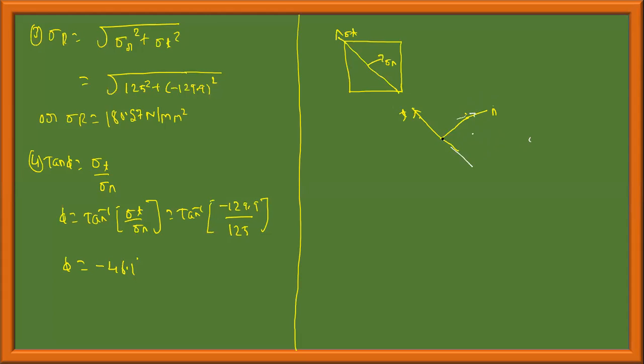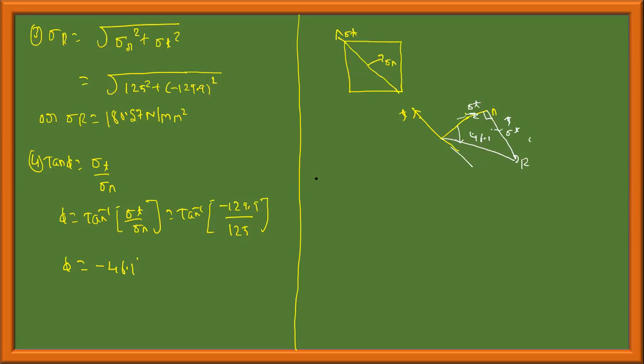It means this resultant is at an angle of 46.1 degree with respect to my normal. You can draw the tangential like this. This is sigma n, this is sigma t. This is normal, this is tangential.